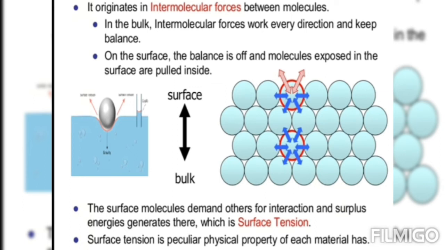On the surface the balance is off, and the molecules exposed at the surface are pulled inside. In the bulk, the intermolecular forces act in every direction and keep balance. So surface tension is a peculiar physical property of each material.